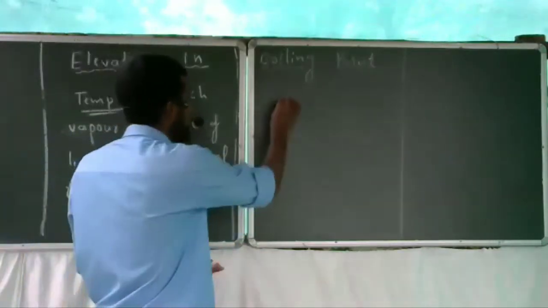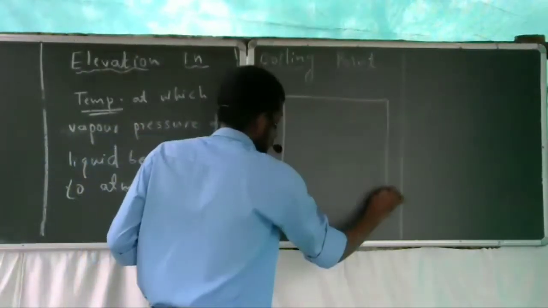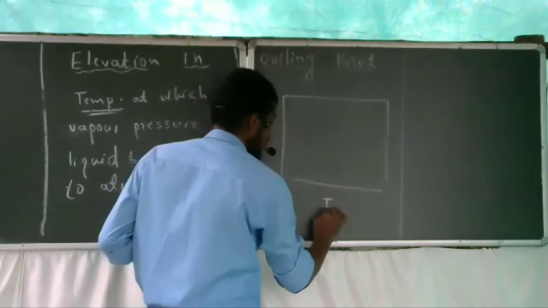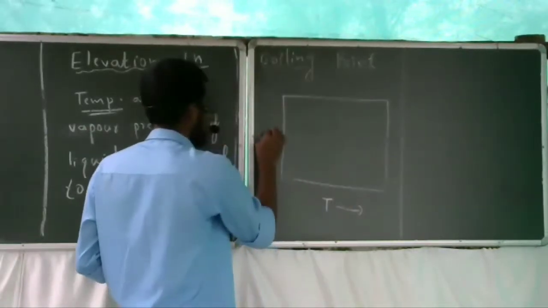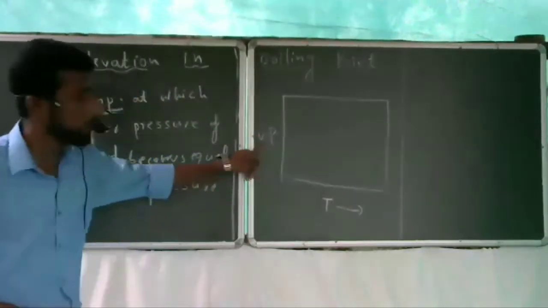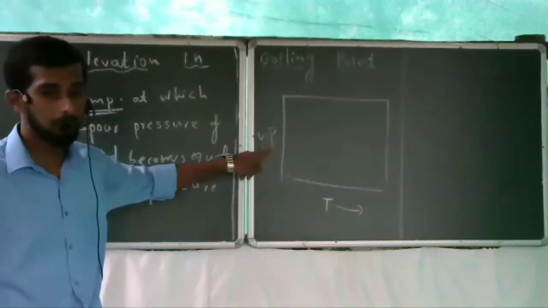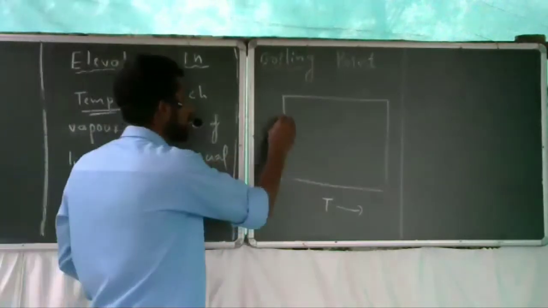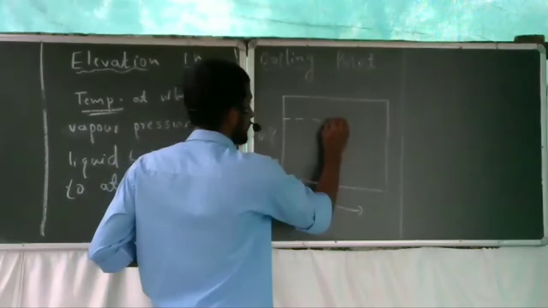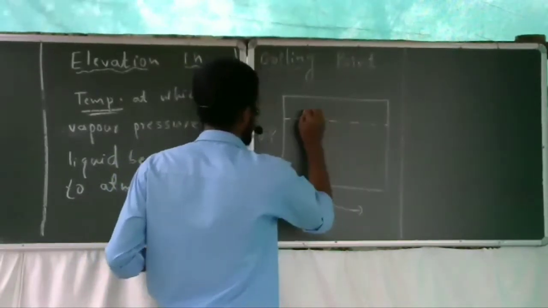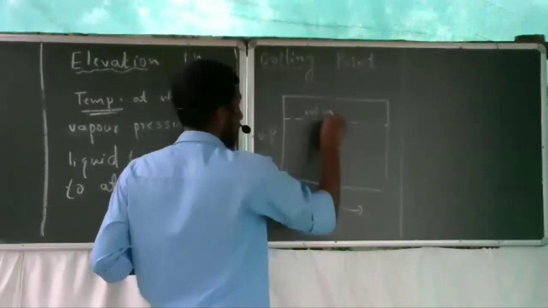If you draw a plot of temperature versus vapor pressure of a liquid, this one is atmospheric pressure, 1 atm.